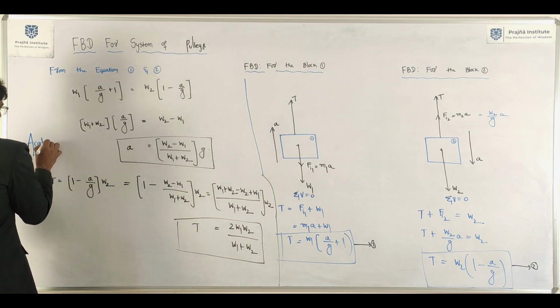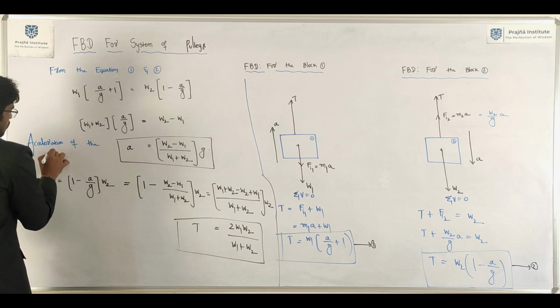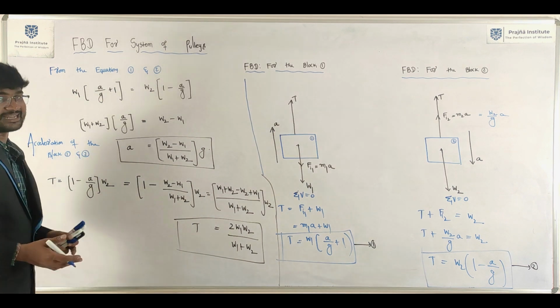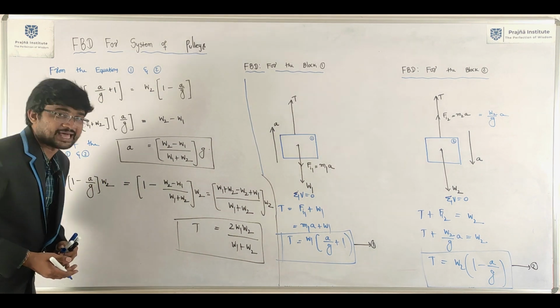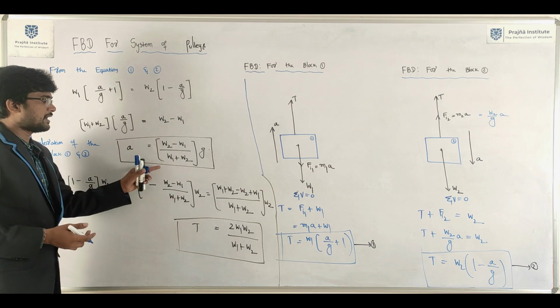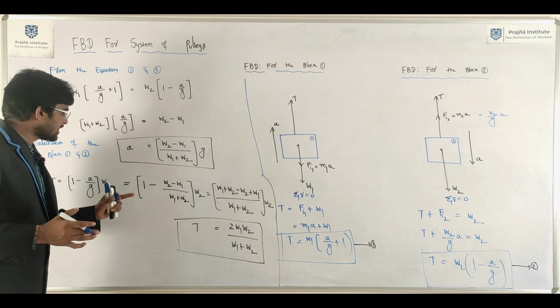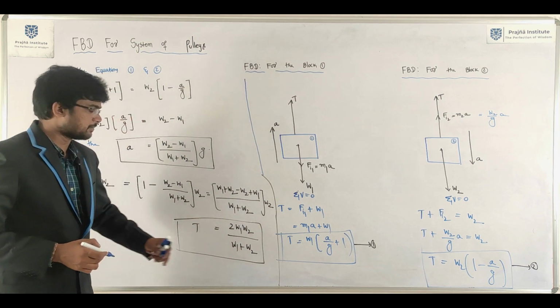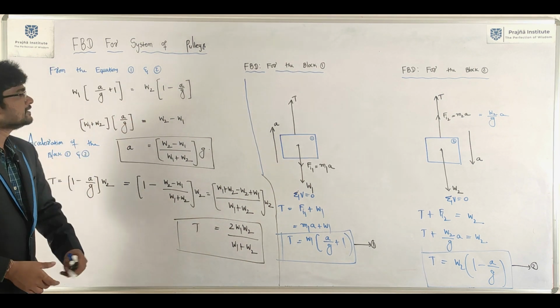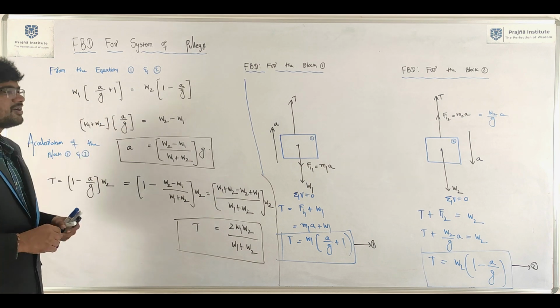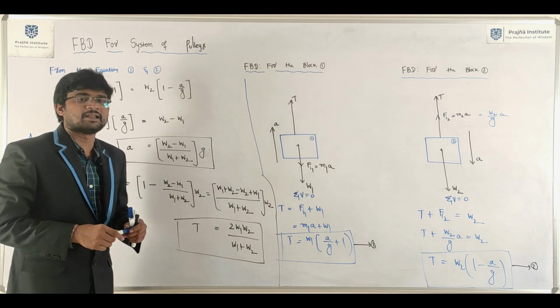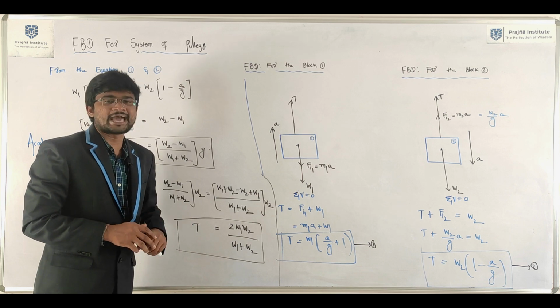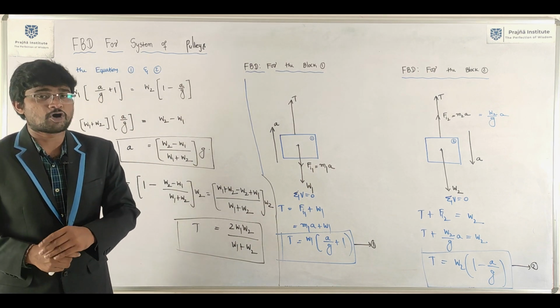Both blocks have the same acceleration: (W2 minus W1) by (W1 plus W2) into G. And the tension in the string is 2W1 W2 by (W1 plus W2). This is one of the basic examples of free body diagrams for a system of pulleys and blocks.